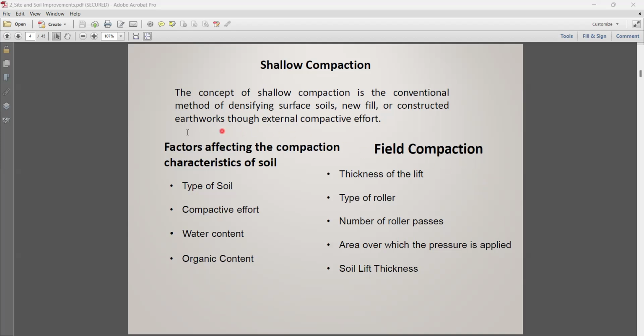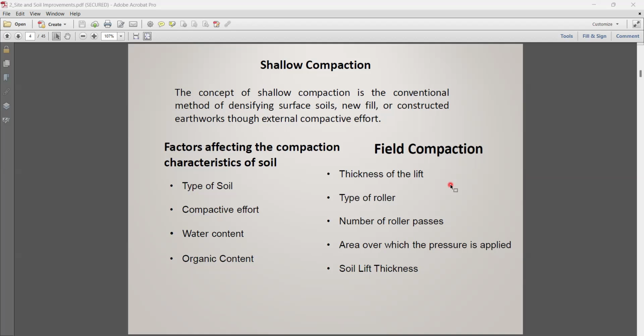After considering those factors, if you're doing shallow compaction, they will look at the thickness of the lift, meaning the height of each layer. If you remember, in standard Proctor compaction you fill in 3 layers, so you maintain the lift thickness.